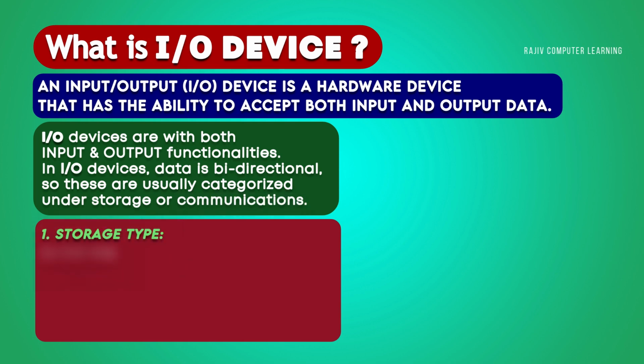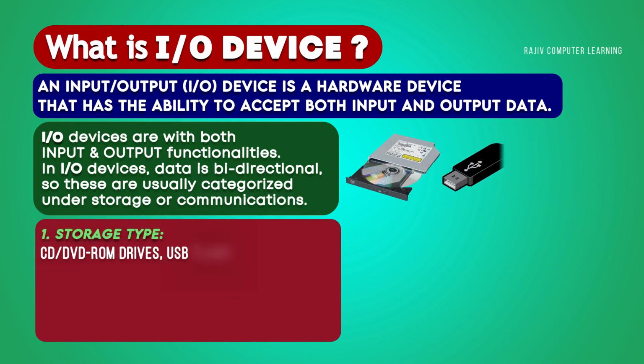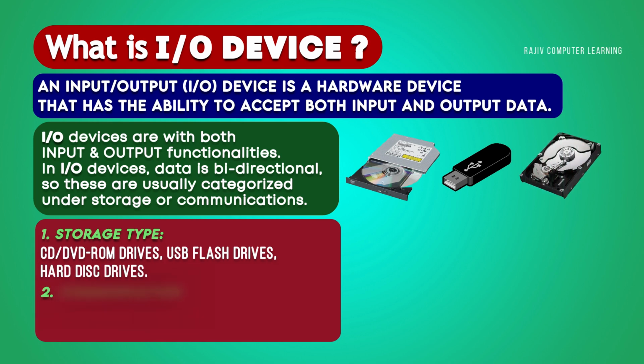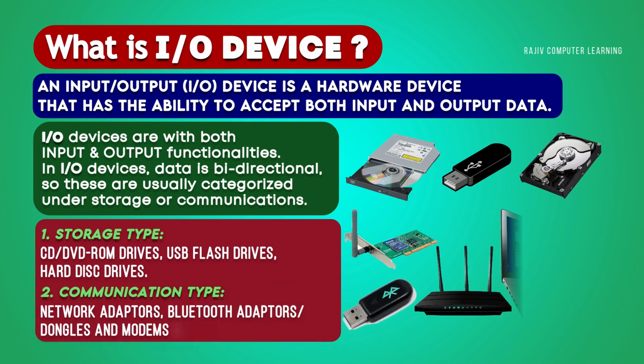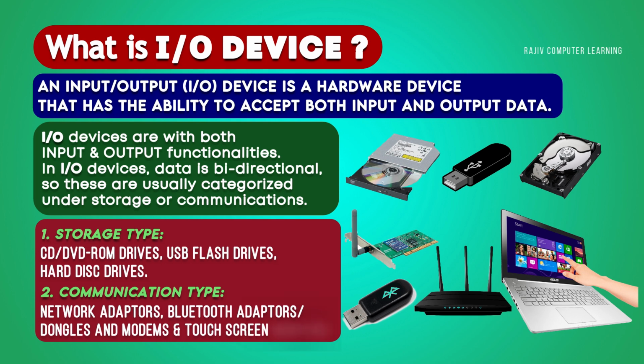Storage type I/O devices are CD, DVD, ROM drives, USB flash drives, and hard disk drives. Communication type I/O devices are network adapters, Bluetooth adapters, dongles, modems, and touchscreen monitors. Remember one thing, touchscreen monitors are both input and output devices.